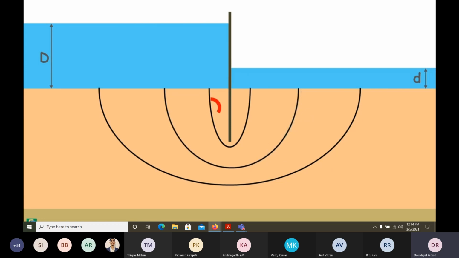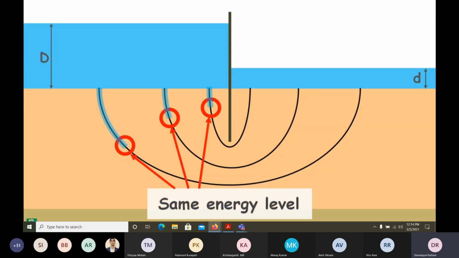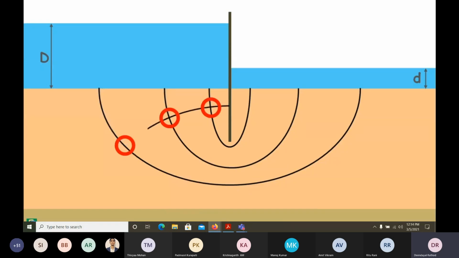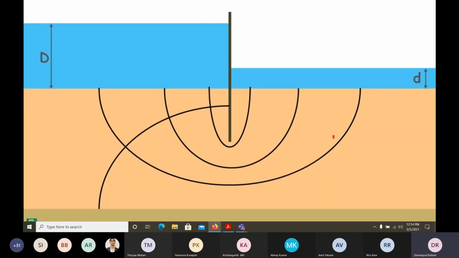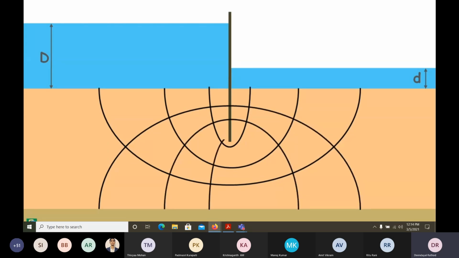So we can pick up certain points on the different flow lines where the total energy lost is equal, or we can say points of the same energy level. When we join such points together, the line so formed is an equipotential line. Similarly, different points of the same energy on different flow lines can be observed and many such equipotential lines can be drawn.